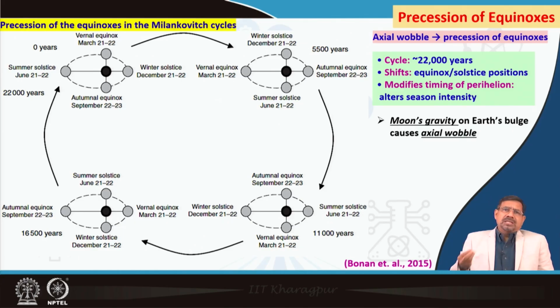So, friends, it is not fixed; it also takes a cycle of 22,000 years. If we see the position of Earth around the orbit, it is very clear with respect to the dates: March 21, 22; the winter solstice December 21, 22; autumn 22, 23; and the summer, June 21 to 22.